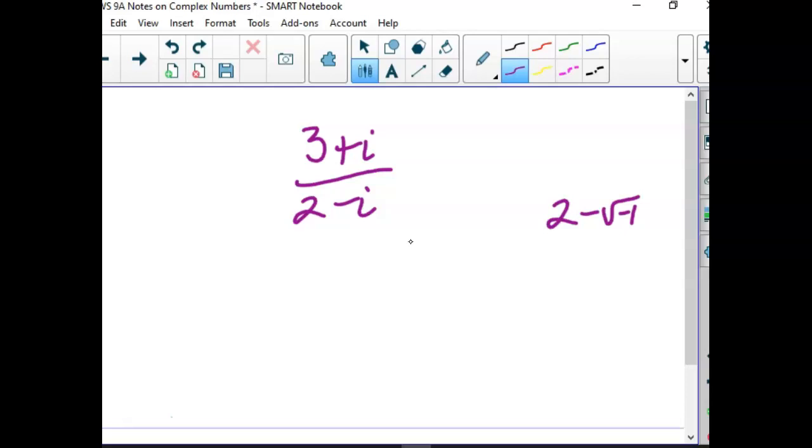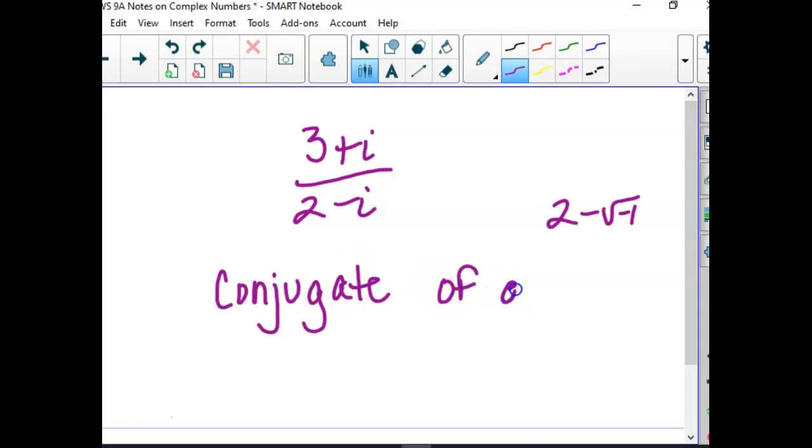To get rid of that, when you have a sum or difference, in other words a plus or minus in the middle here, we use what is called the conjugate of the denominator, okay? The conjugate of a plus bi is simply a minus bi. You change the sign on b only.